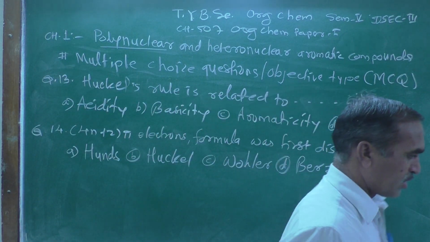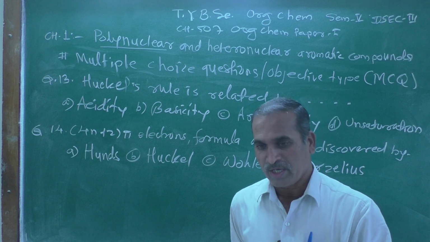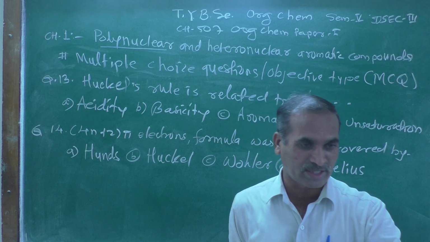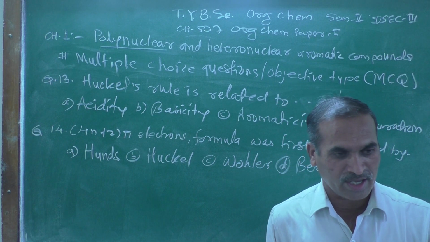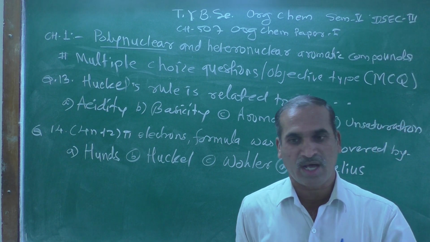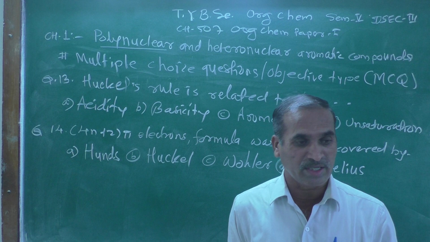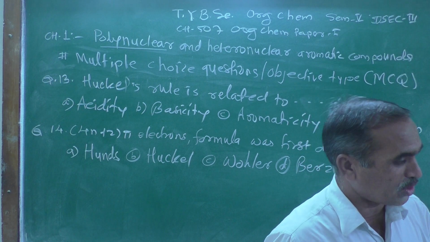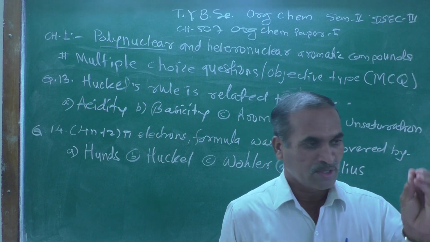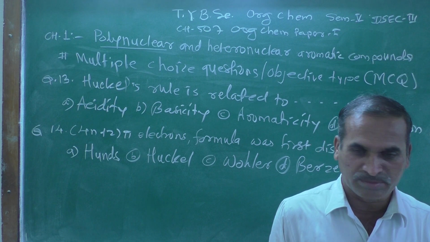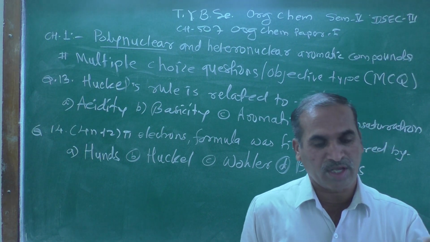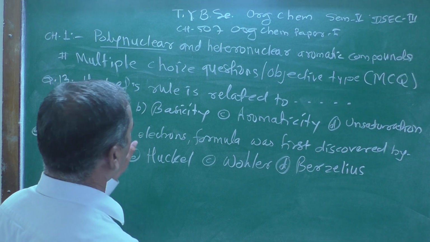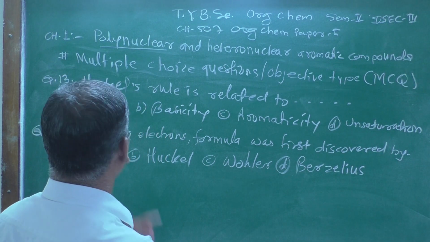As we know, organic compounds obeying Huckel's rule are known as aromatic compounds, whether they are homonuclear or heteronuclear. A fully conjugated, planar and cyclic system containing 4n plus 2 pi electrons obeys Huckel's rule, and therefore Huckel's rule is correlated with aromaticity.